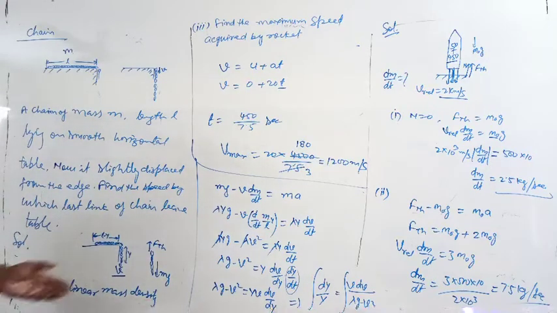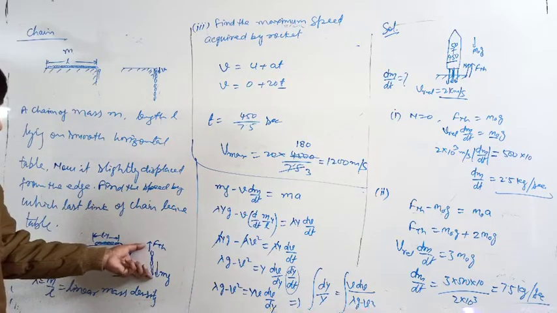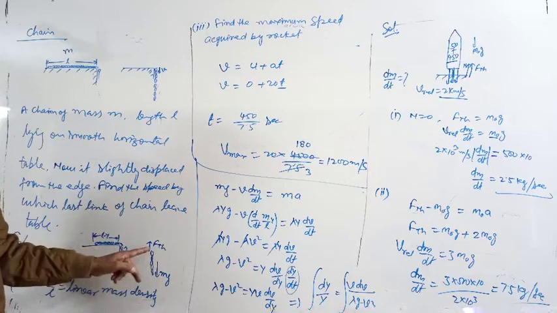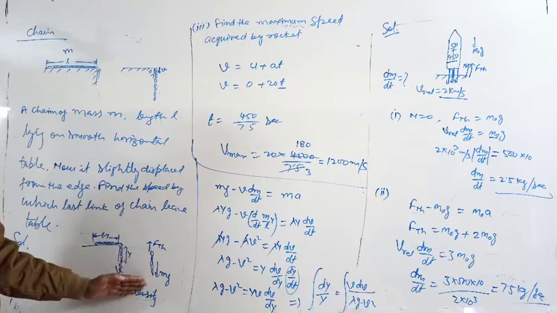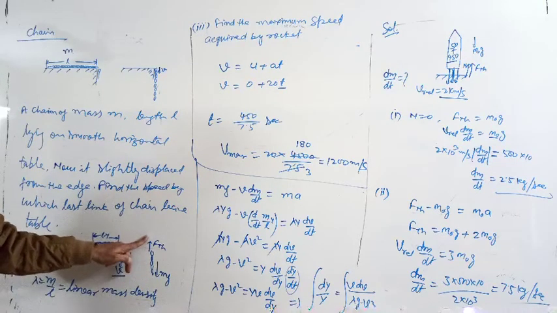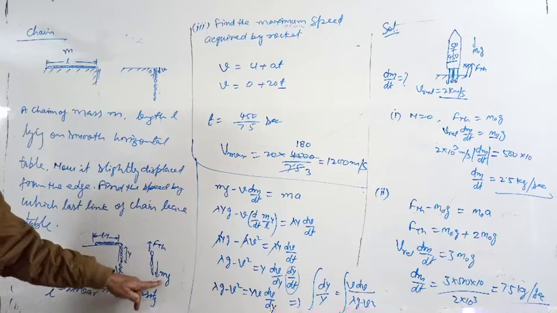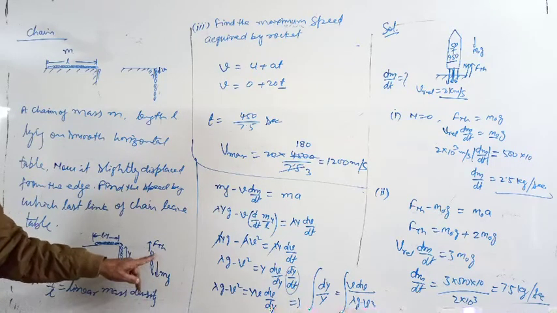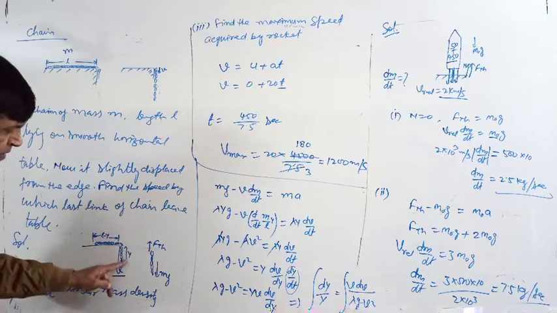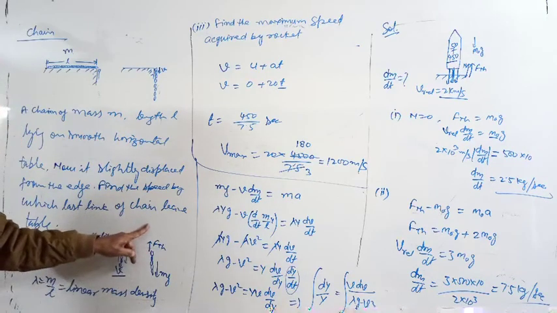I am making the FBD of this part. mg is the weight of this part, and since it is coming down, if the force were not there, it would come down with acceleration g under gravity. But since mass is continuously coming from here, some thrust force acts in the upward direction.